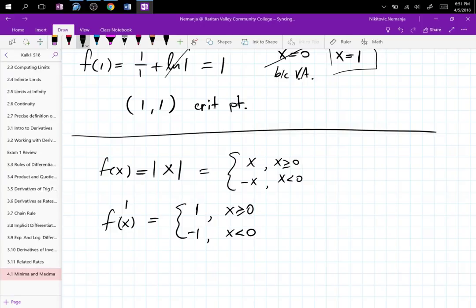You see that at 0 the derivative wants to be two values at the same time. So absolute value of x is not differentiable at x equals 0.